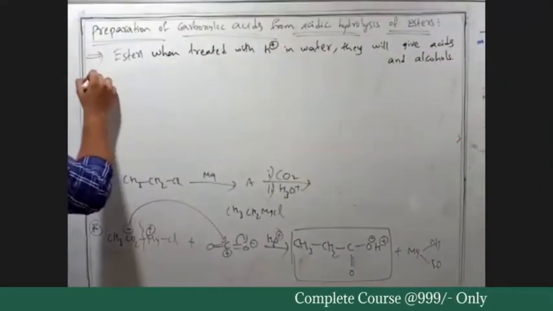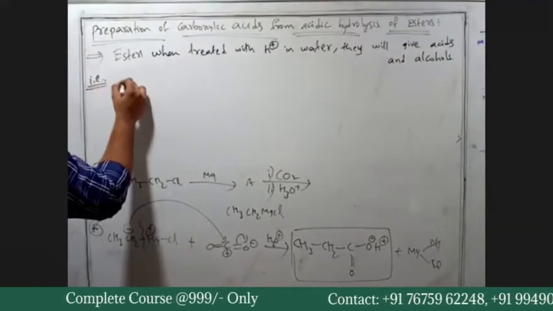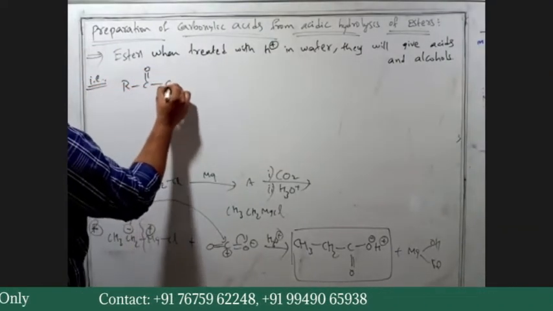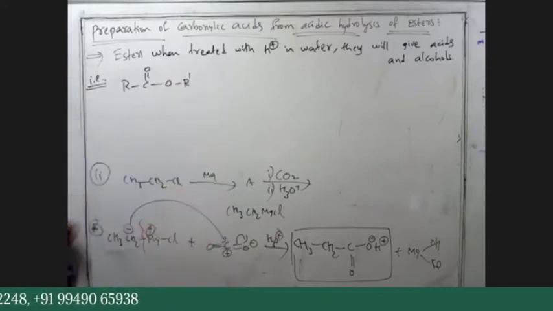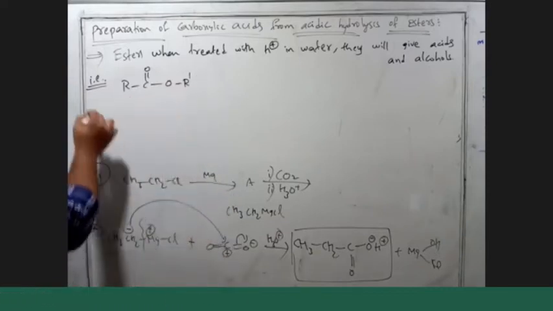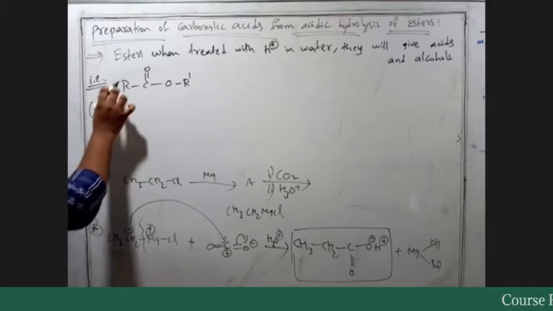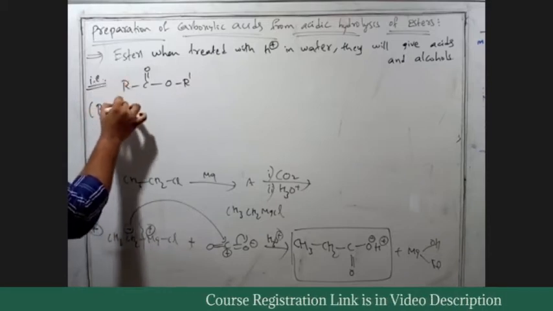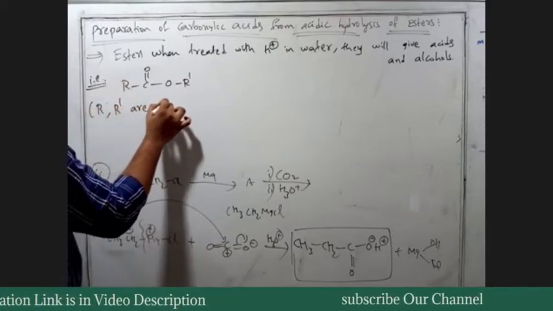That is R C double bond O R dash. See, R and R dash are alkyl groups.